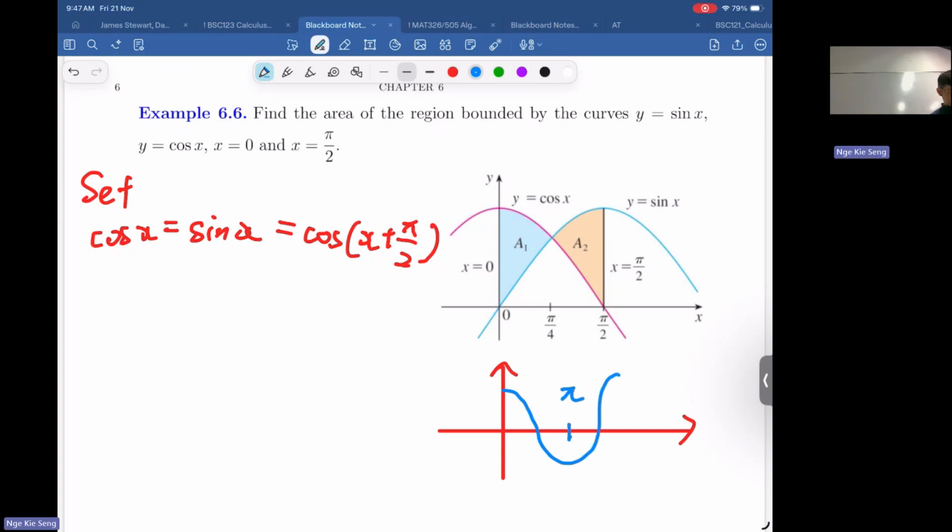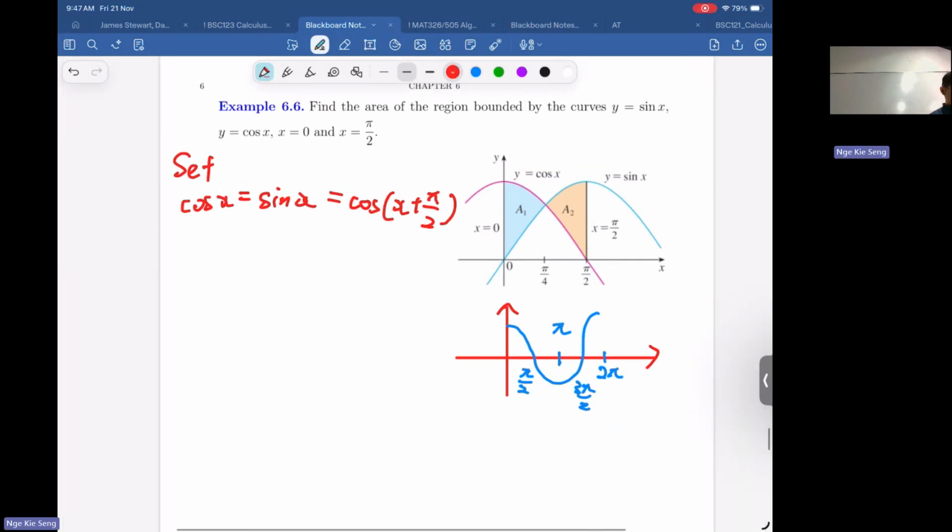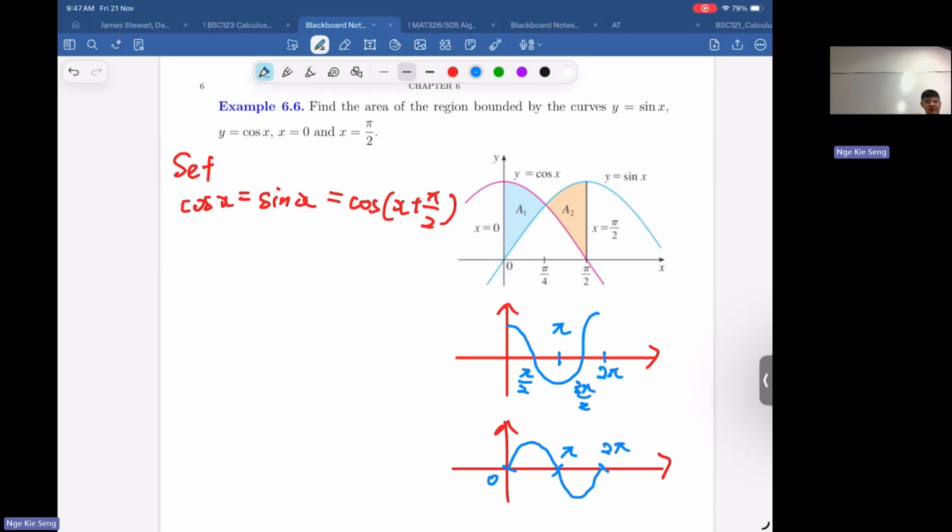So there's pi, 2 pi, and pi over 2, and then how about sine x here? So this is pi, 2 pi, and 0. These are the three places where sine gets to 0, with the peak at pi over 2.